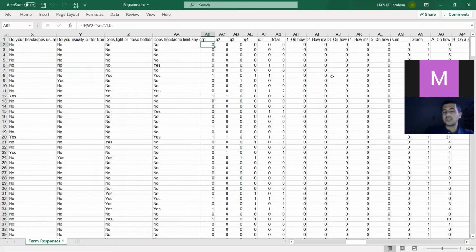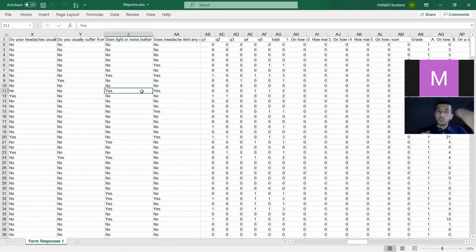Why do I need 1s and 0s for some scales? Because I will merge them. That person will have the mean of all of those. And what is even more difficult is when I have positive and negative questions. For example, for that question, if he has a no, he loses a point, and if he has a yes, he gets a point.